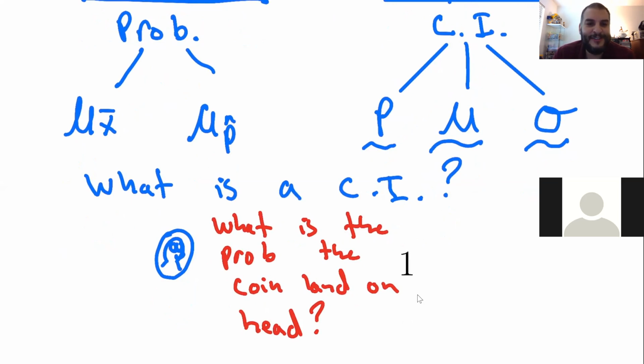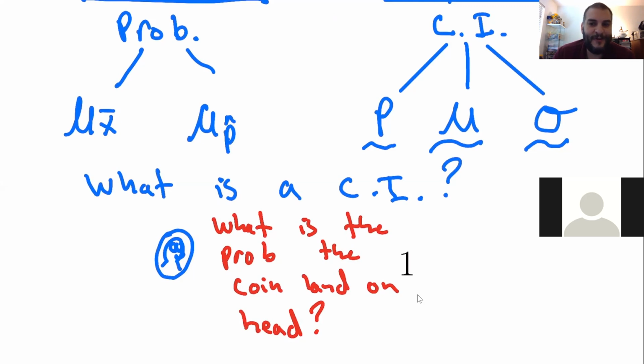So we're interested in that. Since I've never seen a coin before, I don't know how the coin works. I have no idea if it should land on heads 40% of the time, 30% of the time, 50% of the time, 60% of the time. I just don't know. So we're going to use a confidence interval to narrow down what the possible options are for that coin.